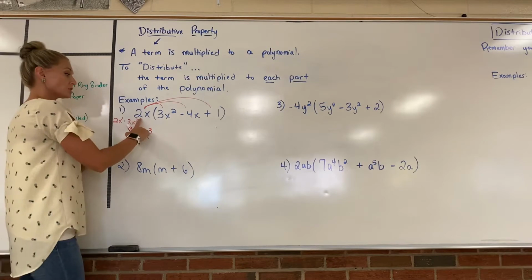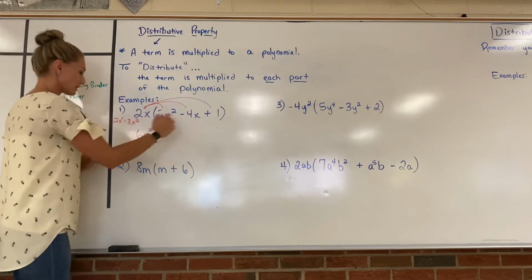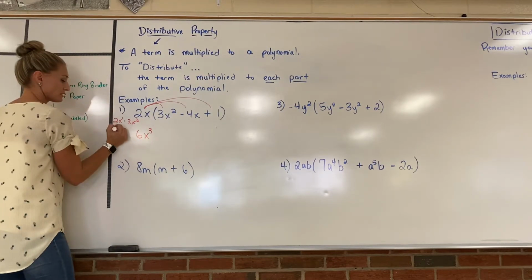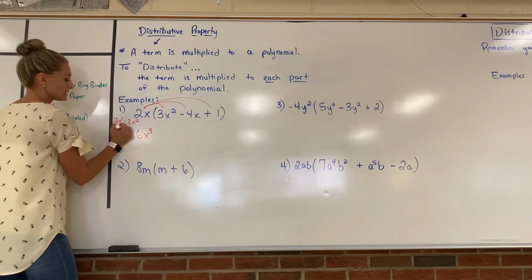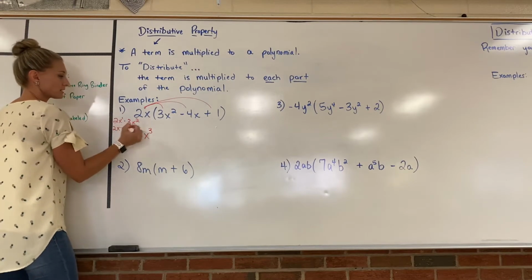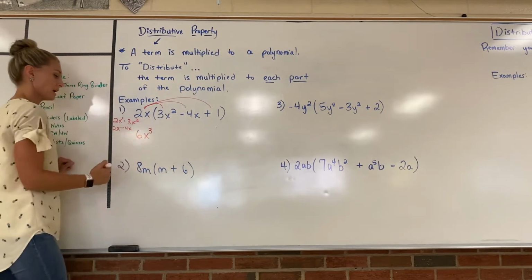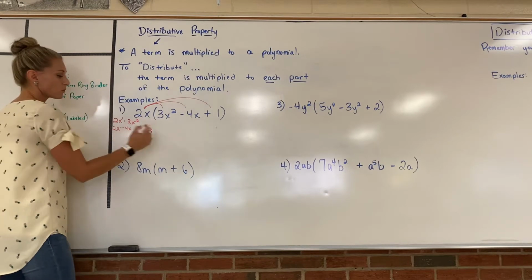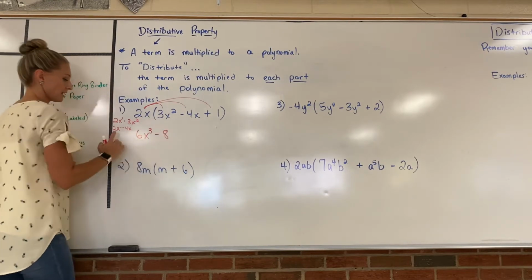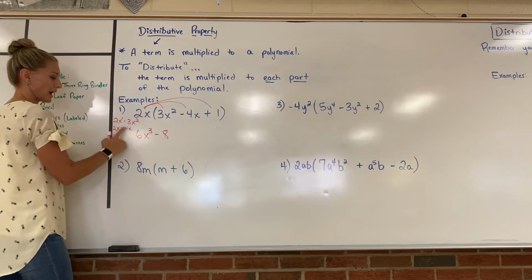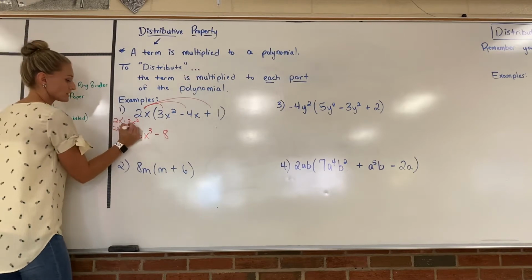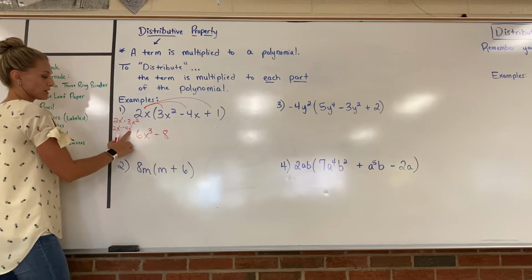So then the next one, you'd have to take 2x times the negative 4x. So again, you can go to the side, so it'd be 2x times negative 4x. Don't ignore the sign in front of it. So 2 times negative 4 is negative 8. And then x times x, remember you add the exponents. So that's x to the first times x to the first.